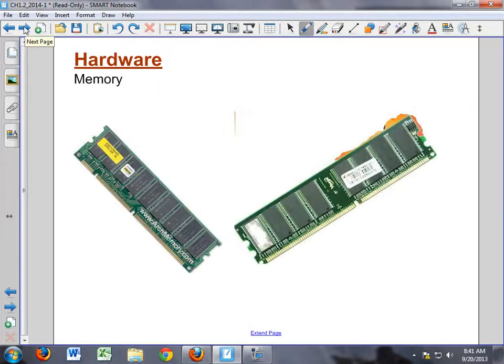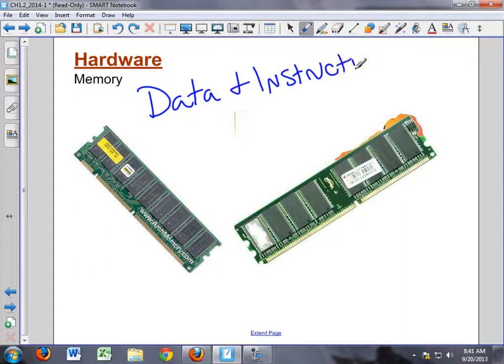Okay, then we've got memory, and we've got lots of kinds of memory and tons of manufacturers. Memory is where data and instructions are stored by the CPU. The CPU writes stuff to memory and reads stuff from memory.